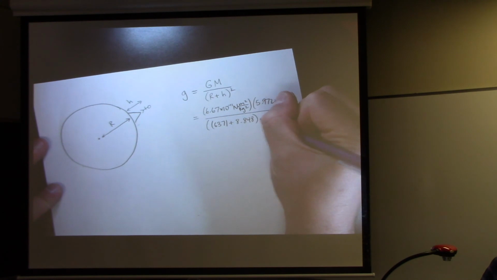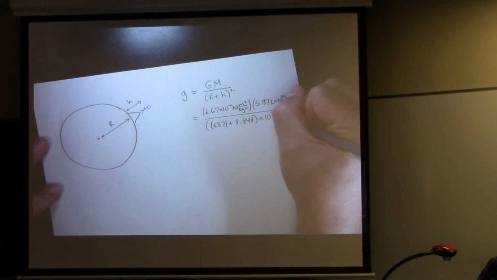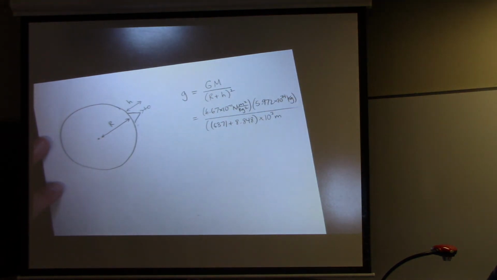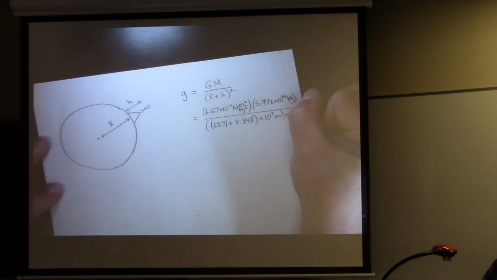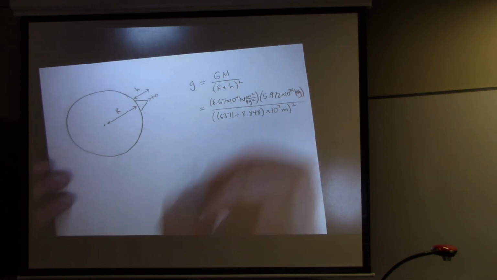We want to get this in meters, so we're going to multiply by 10 to the 3. That gives us meters. And then we have to square that whole thing. That's the calculation we need to do.